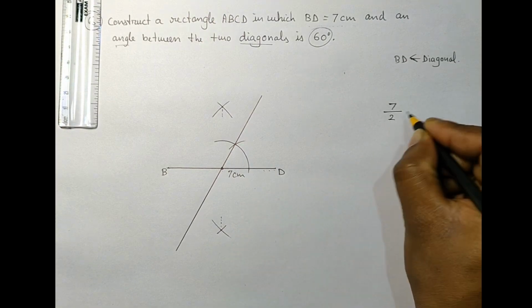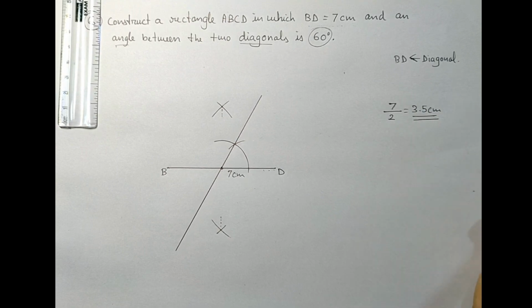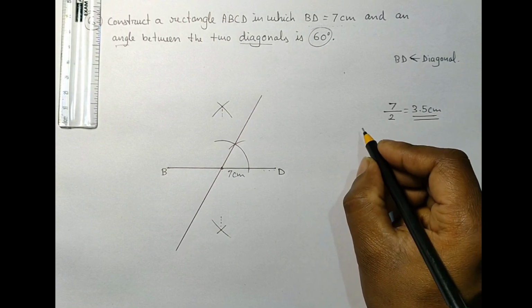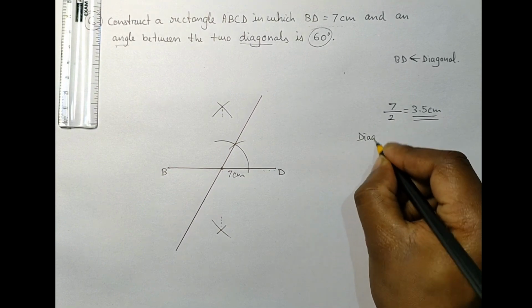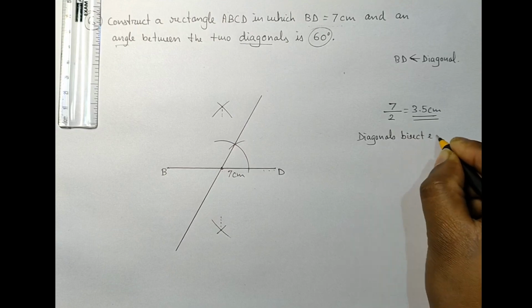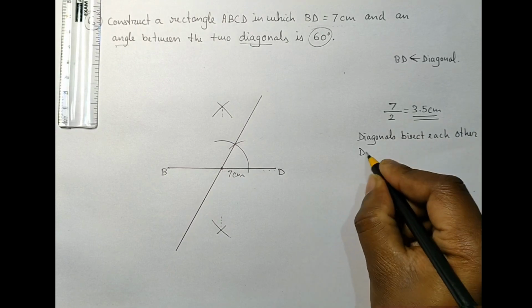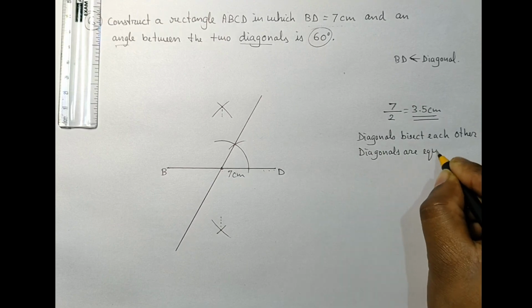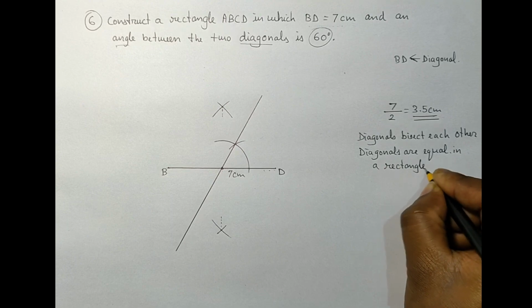So if we divide 7 by 2, we get 3.5 centimeters. So half of the diagonals will be 3.5 centimeters each. So according to the properties, diagonals bisect each other and diagonals are equal in a rectangle.